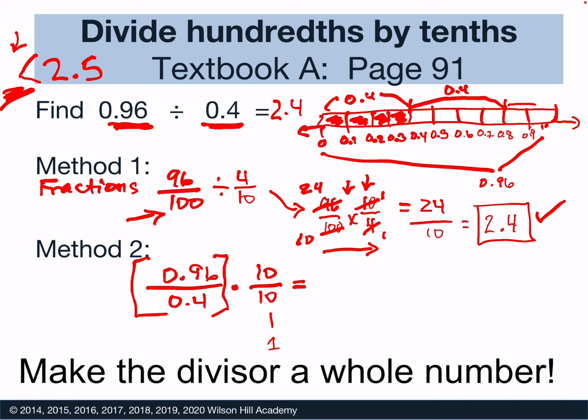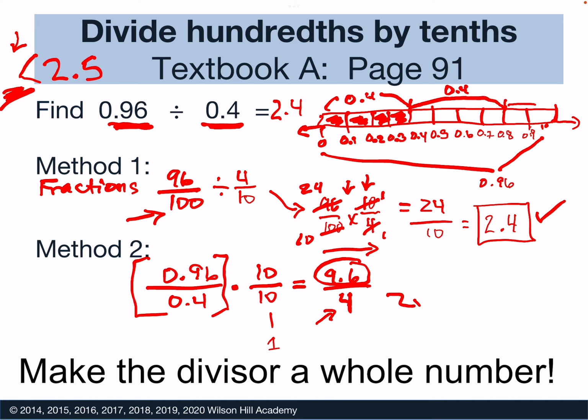So when I multiply by 1 in the form of 10 over 10, I'm going to get 9 6/10 divided by 4. Now notice, my numerator is still a decimal. But my divisor, that's the number I'm dividing by, which was 4/10, has become a whole number of 4.